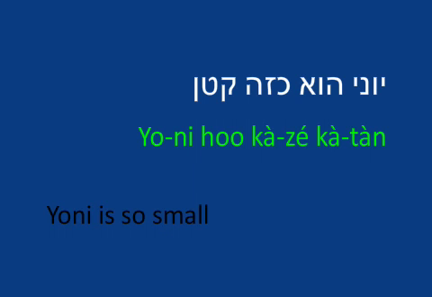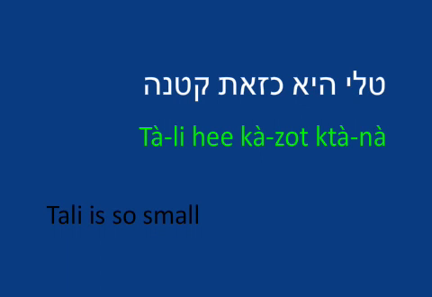Fantastic. The word for such or so is kaze. So to say Yoni is so little or Yoni is so small, that would be Yoni hu kaze katan. Bravo. Now let's vary it a little. To speak about a girl instead, the word kaze changed to kazot.